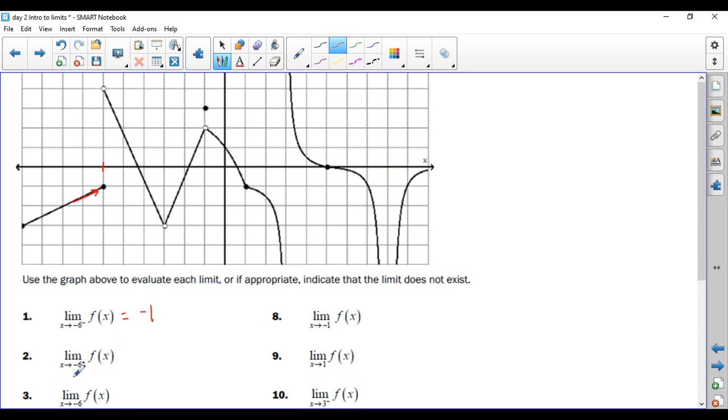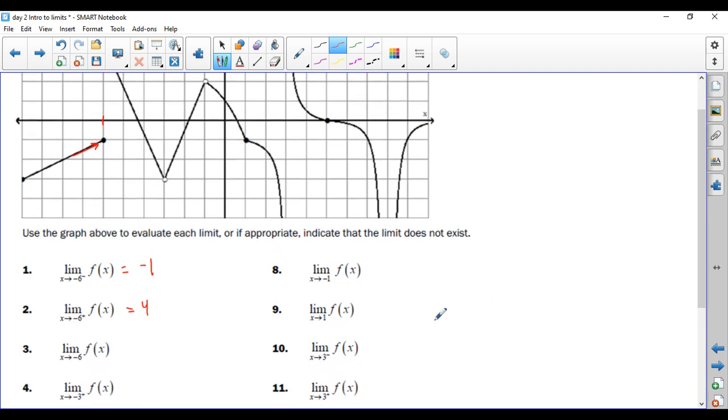Then I want the limit as x approaches -6 from the positive side. From the right, as I get closer and closer to -6, the y coordinates get closer and closer to 4. So if I ask for the limit as x approaches -6 overall, since these two values are different, we say that limit does not exist.